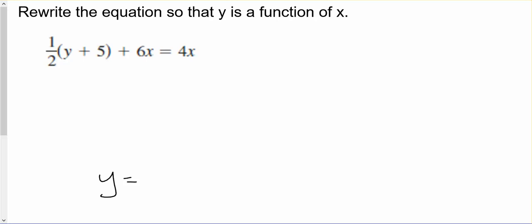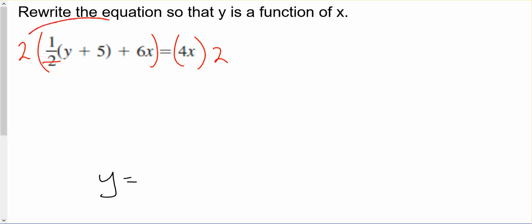So we've got a fraction. Uh-oh. So what are we going to do? We're going to multiply by this fraction. So we'll multiply our whole left side by the denominator and the whole right side by the denominator. When we multiply the left side, these 2's will simplify and we'll be left with 1 times the quantity y plus 5.